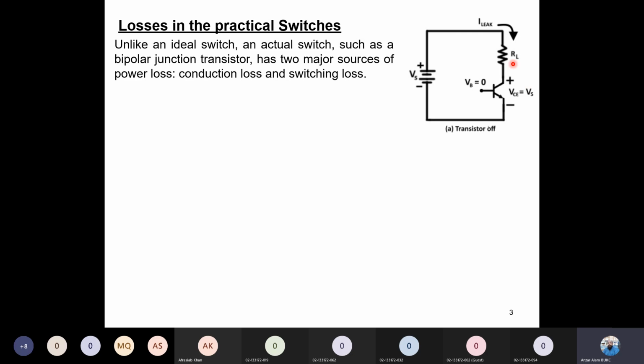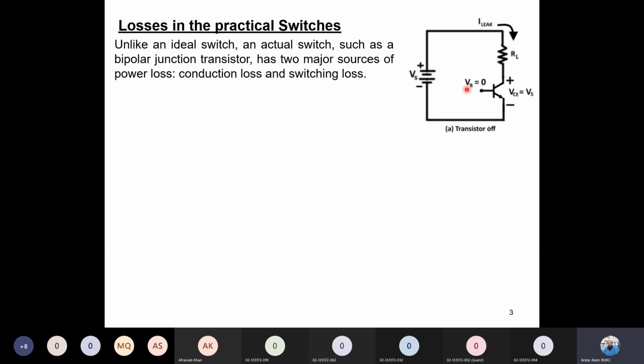So how can we calculate the power losses across this switch? First, we have to define that in practical switches there are two kinds of losses. Number one is the conduction losses, and number two is the switching losses.